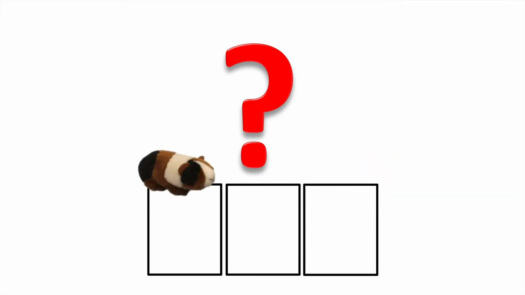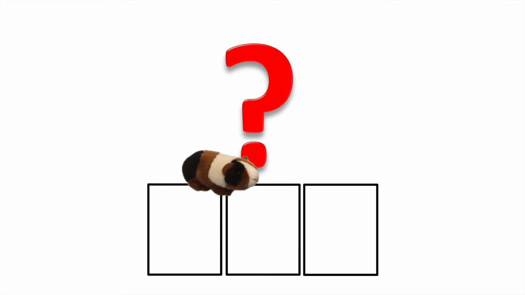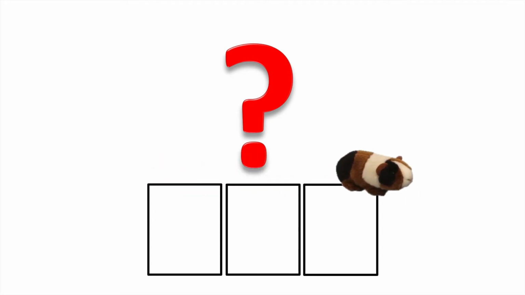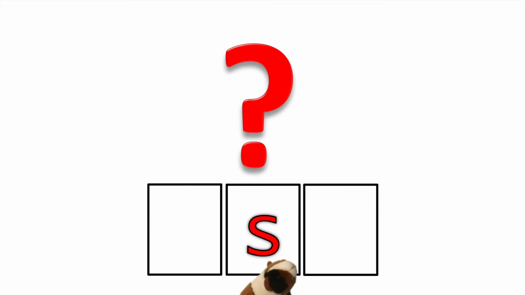Say it with me. Ask. Pause the video and write in the S sound. Did you get it right? The S sound was in the middle of the word. Ask.